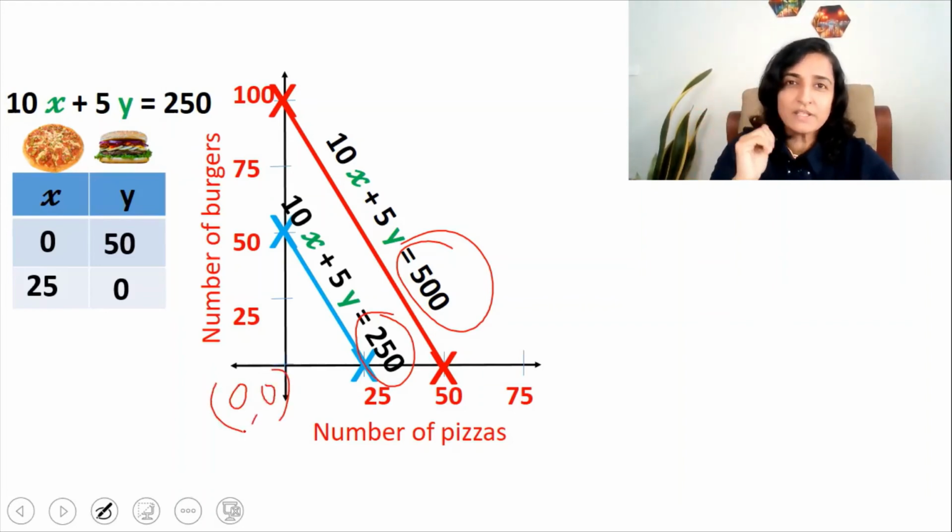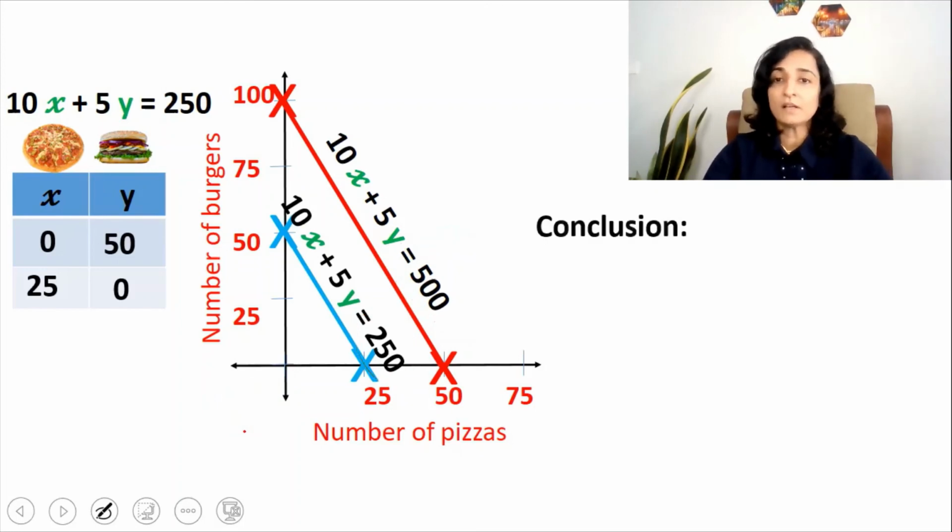As you move towards the origin, the profit reduces. And as you move away from the origin, the profit increases. So what do you need? We need a higher profit. So the further away from the origin you are, the more profit you get. These are the 2 points that you have to bear in mind.